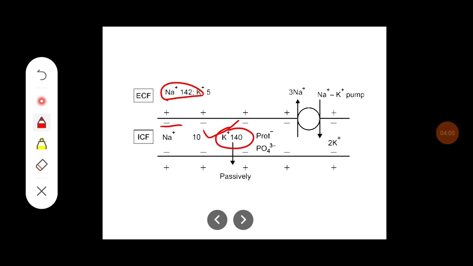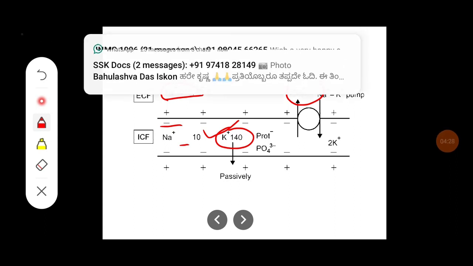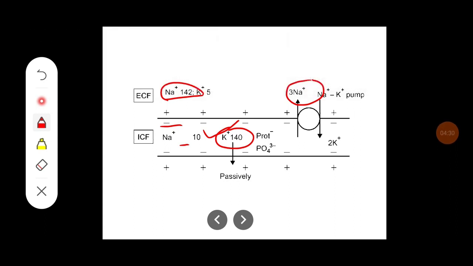So the inside of the cell is maintained more negative. And also the sodium potassium pump, which pumps 3 sodium out for 2 potassium in, is responsible for some part of the resting membrane potential.